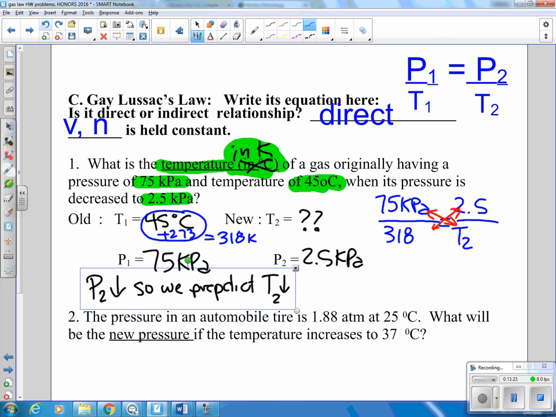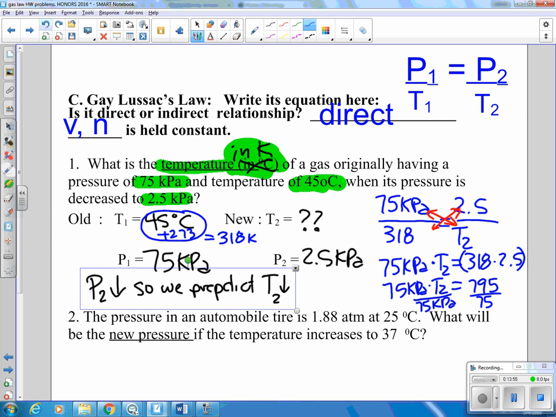So you want to make sure that you bring temperature up and put it beside the 75, and then you're going to take 318 times 2.5. Let's find out what that equals. 318 times 2.5 equals 795. So then you're going to get 75 kPa times T2 equals 795. We're going to divide both sides by 75.